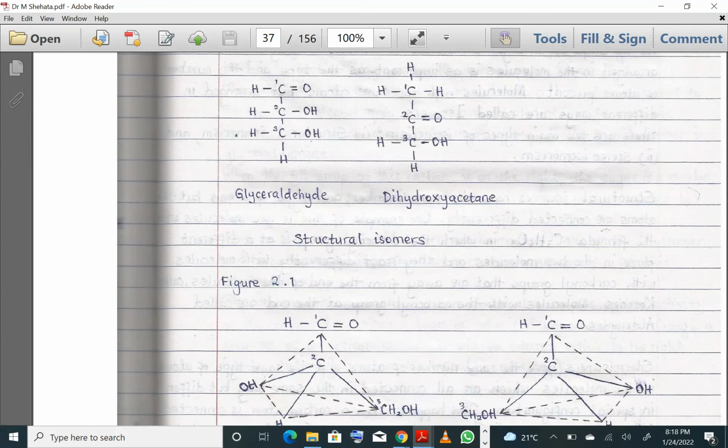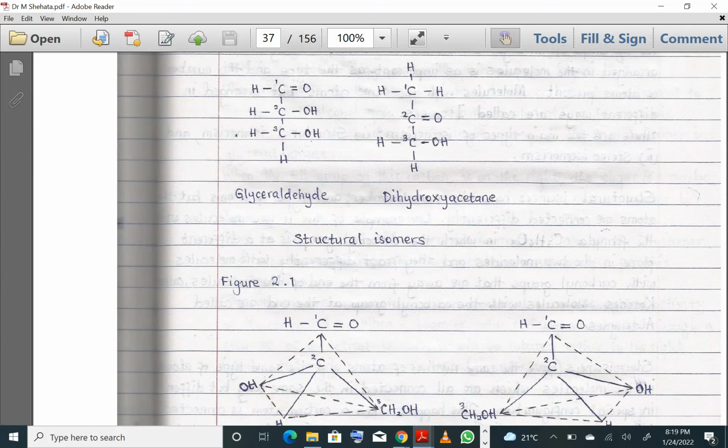When we talk about deeper organic chemistry, we usually want to start from the side which is closest to the carbonyl group. But in this case, since it's just three carbon atoms and both distances are the same, we can start from either way. It will still give us the same result.